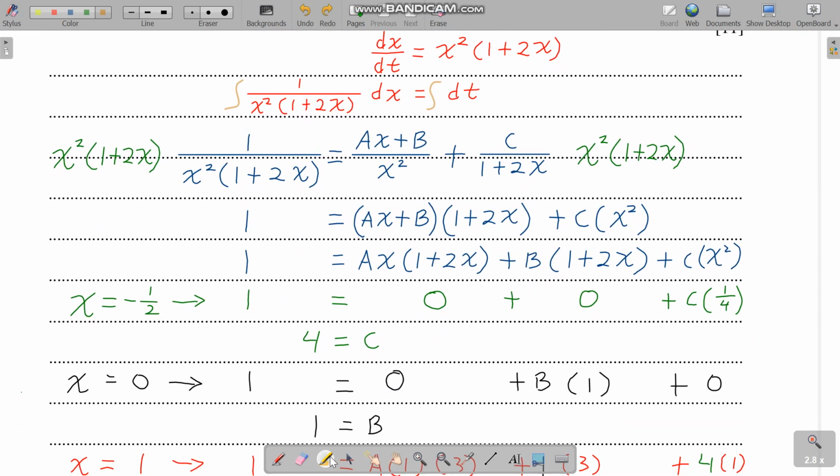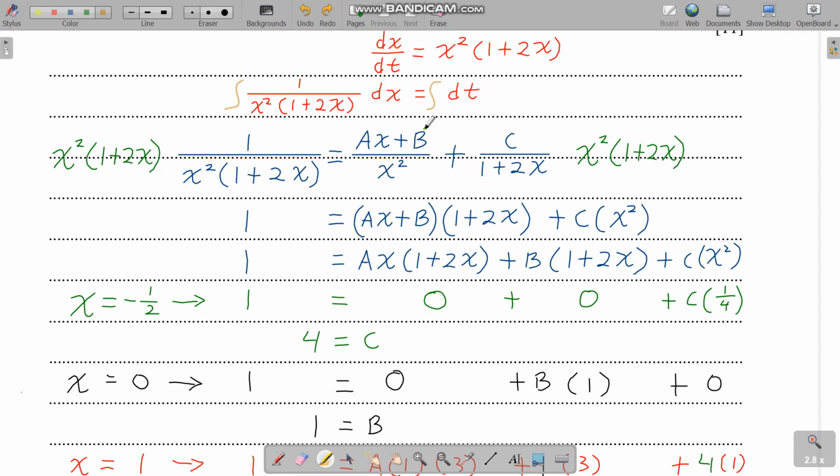So for this expression or this fraction here, we have to identify the forms we have to use. For the x squared, we can use the unfactorizable quadratic form, or we can use the repeated linear form actually.